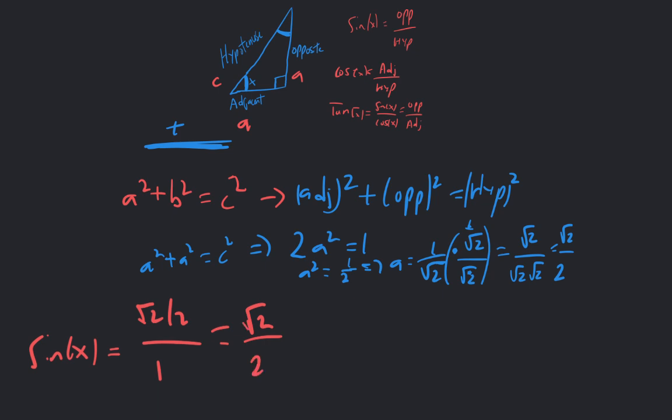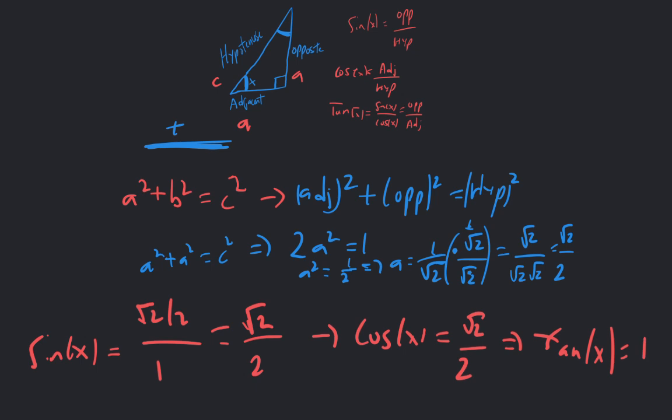That's our sine value. Cosine would be the same, because our adjacent is also root 2 over 2. Finding the tangent then would just be dividing those two, and because they're both equal, it would just be 1.